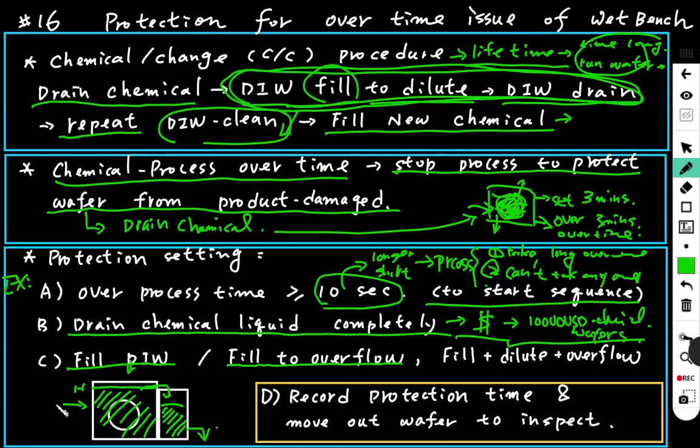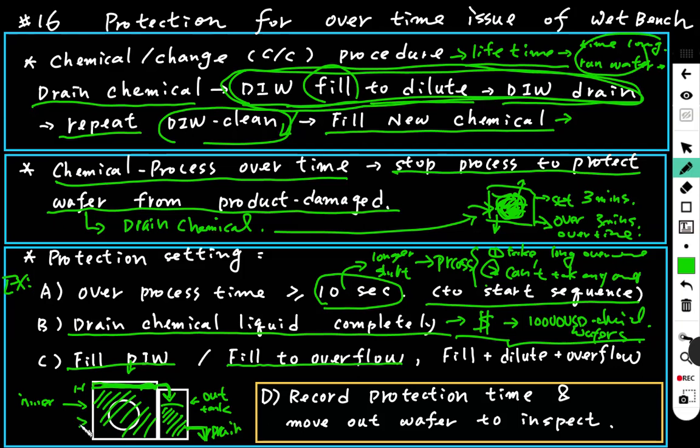This is the inner tank, where the wafer exists here. This is the outer tank. When the DI water is full, it will overflow to the outer tank, then drain.